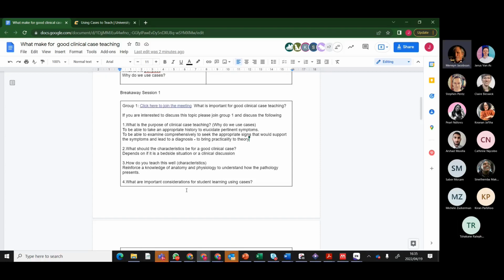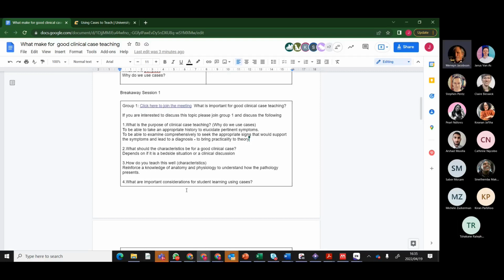How do you teach this well? As far as we are concerned, we've got to reinforce the students' understanding of the basic sciences so that they can understand what is right, so that they can recognize what has gone wrong.